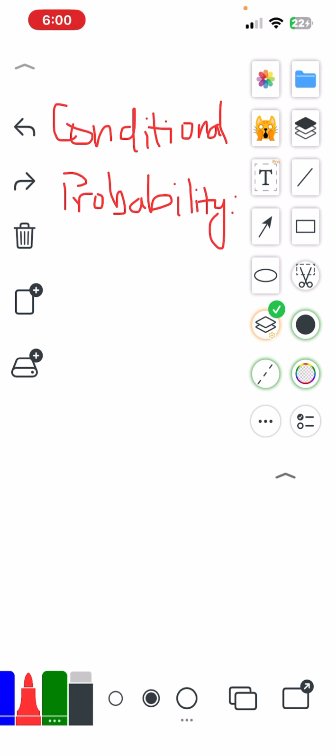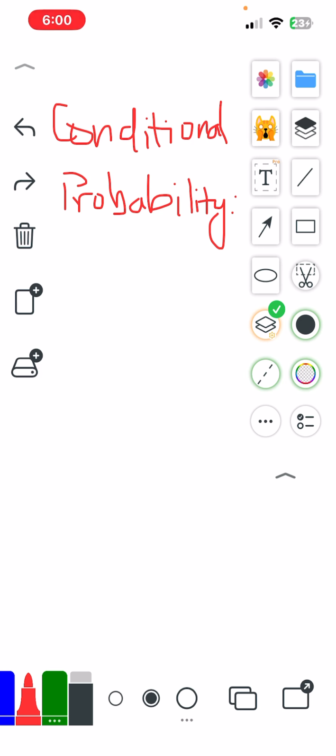Basically what you're trying to say is, given that this event has occurred, this event has gone through, this event is finished, what are the chances, or what is the probability, of the other event happening?